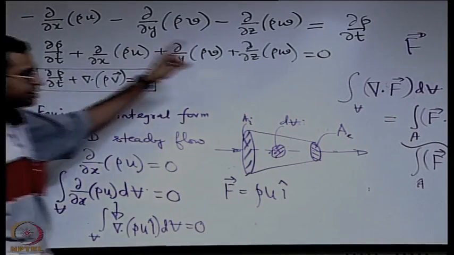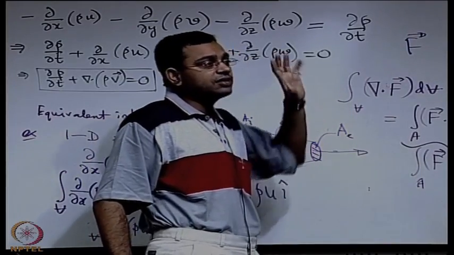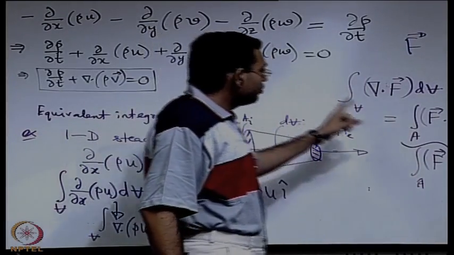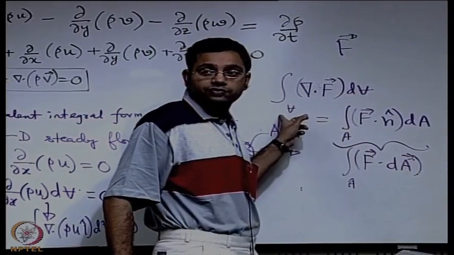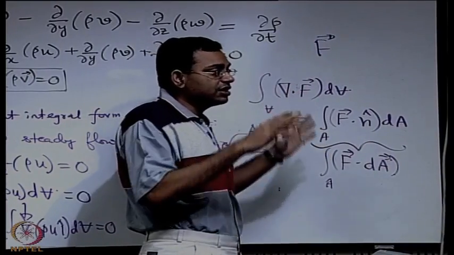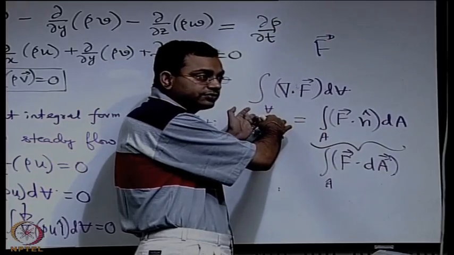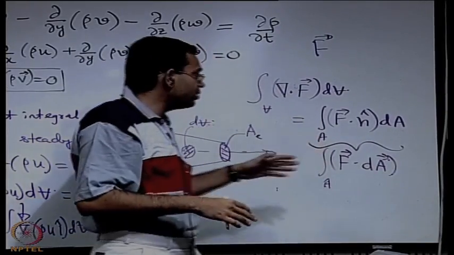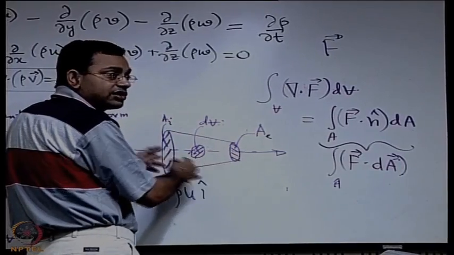Now this is the mathematical statement of the theorem, but it has a very important understanding. What is this A and what is this V? It is not any arbitrary A and arbitrary V. This A is the area of the surface that closely bounds the volume V. So when you have the volume V here, it is bounded by, say, lateral surfaces and these cross sections.